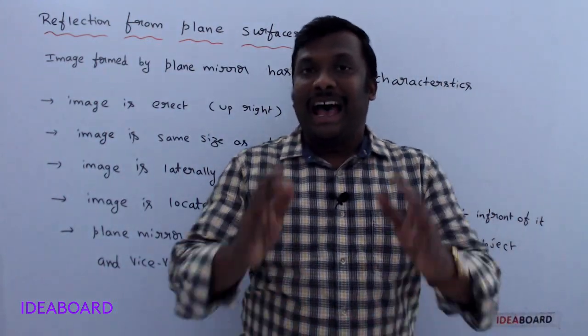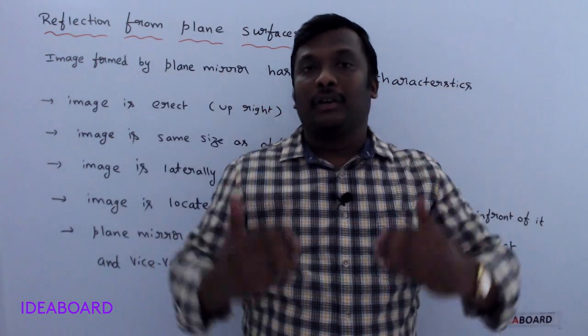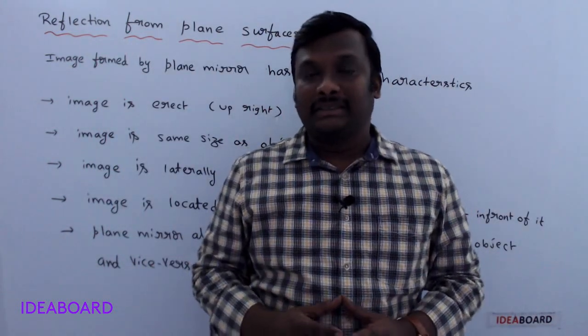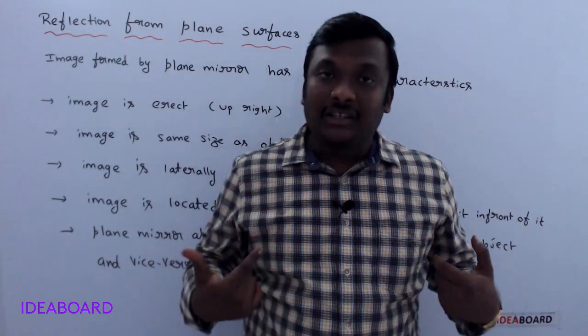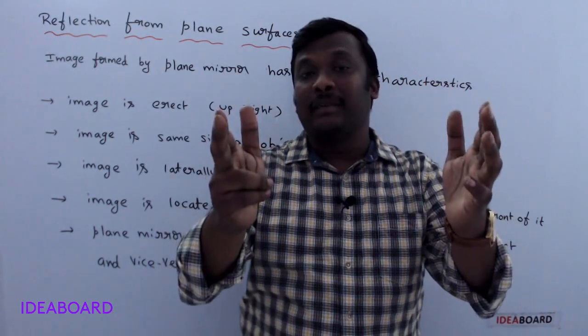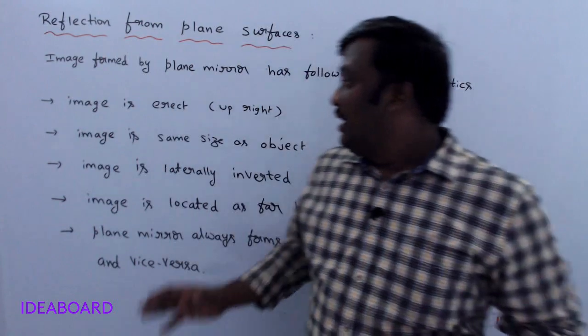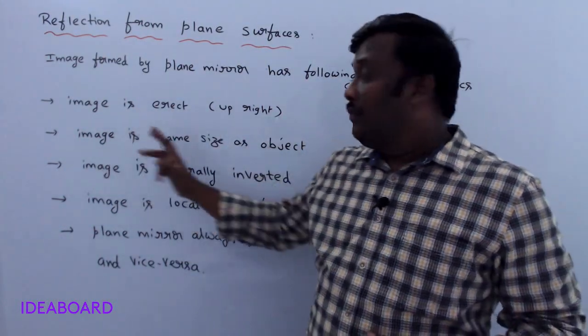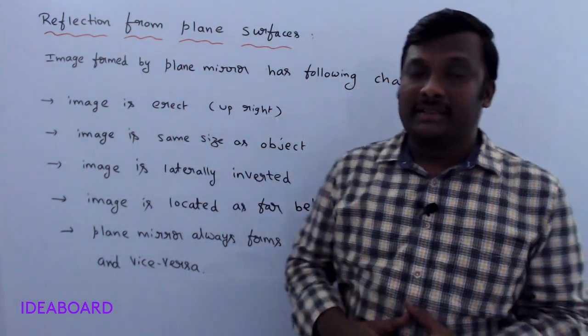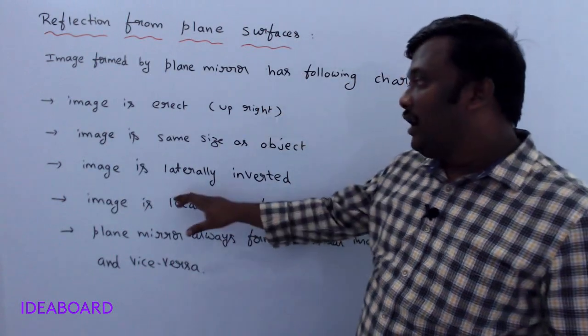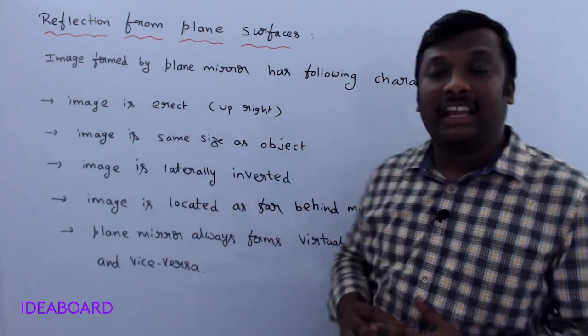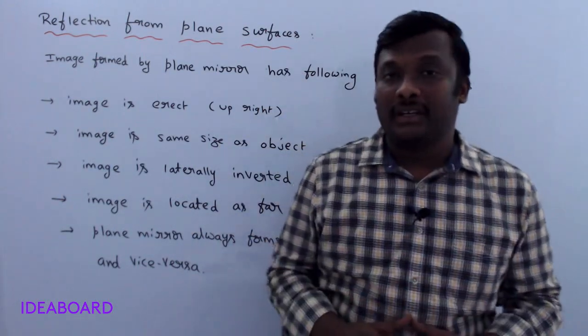Okay, if suppose I stand before a plane mirror, then the size of the image is similar to the size of me. That means object and image both have the same size. Clear? Third one, image is laterally inverted. It is very important.